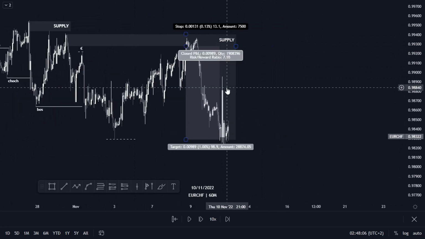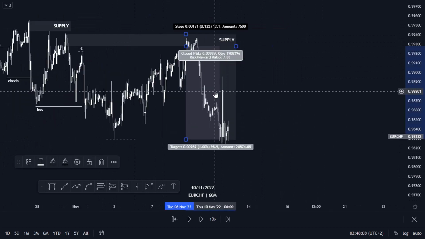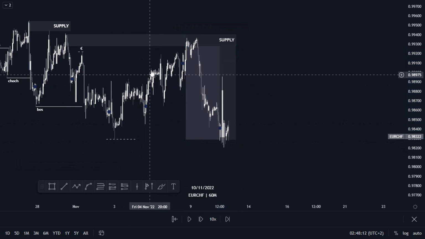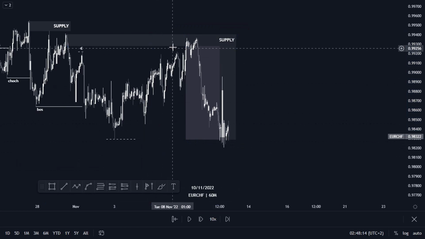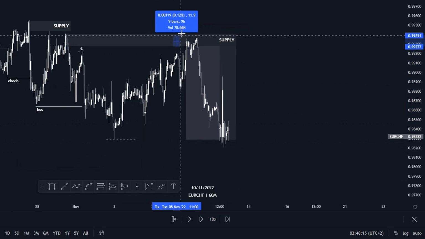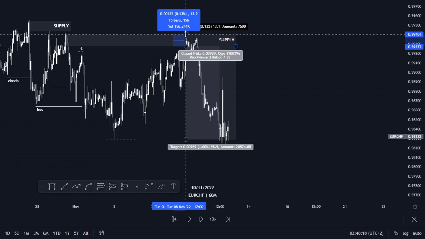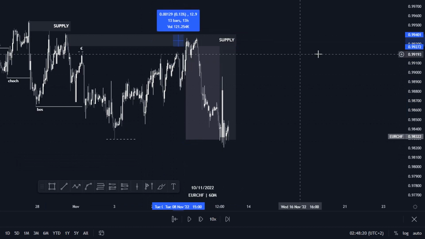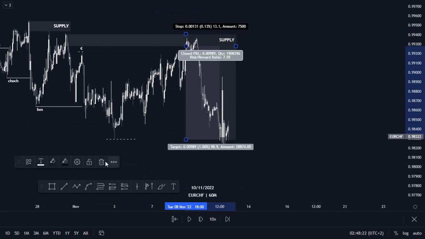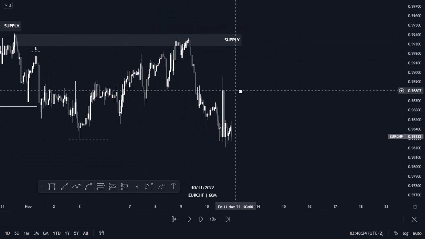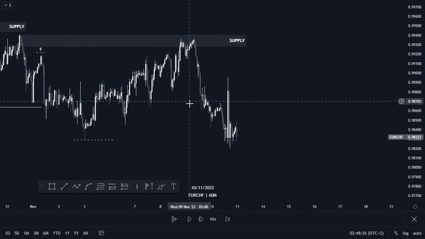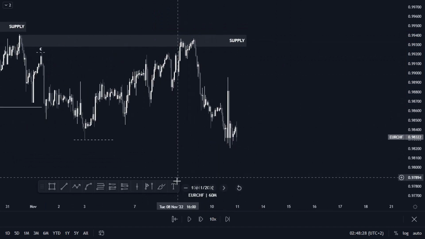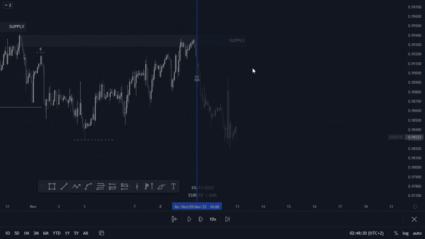Okay, so let's say now you didn't take this trade, or maybe you felt like this supply area was too big to risk. Immediately when price taps into your supply area, you look for confirmation entries.